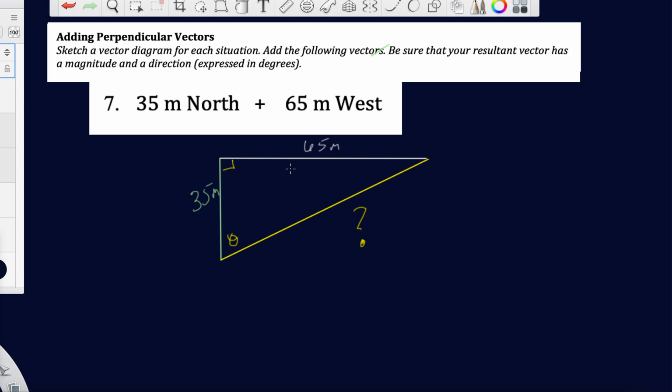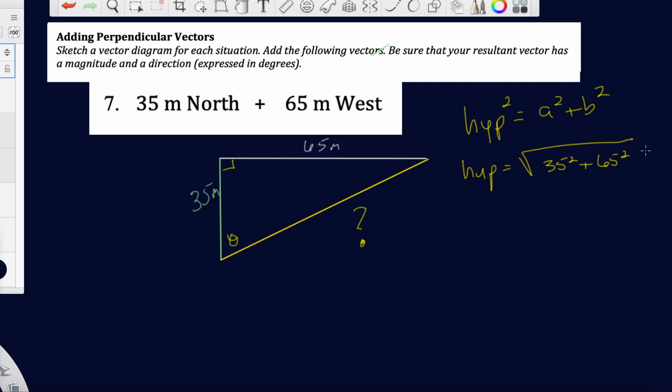Now, the first thing I do is use Pythagorean theorem. So the hypotenuse squared is equal to a squared plus b squared. So the hypotenuse is equal to the square root of 35 squared plus 65 squared. And of course I'm going to have to use my calculator because I do not know what those values are off the top of my head.